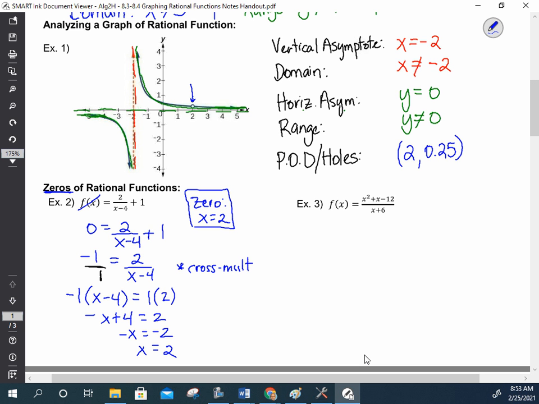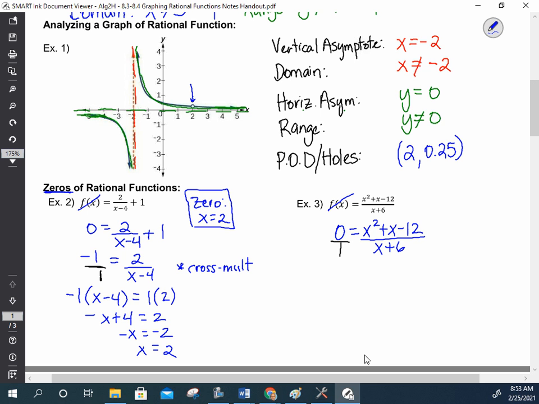All right. Example 3. We can technically do it the same way. Take f of x, set it equal to 0. Make the 0 a fraction.